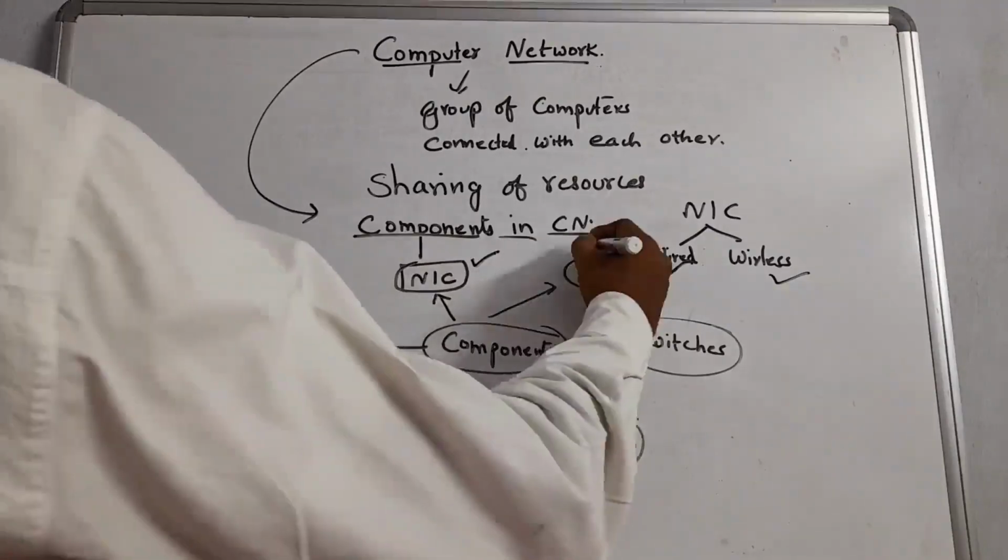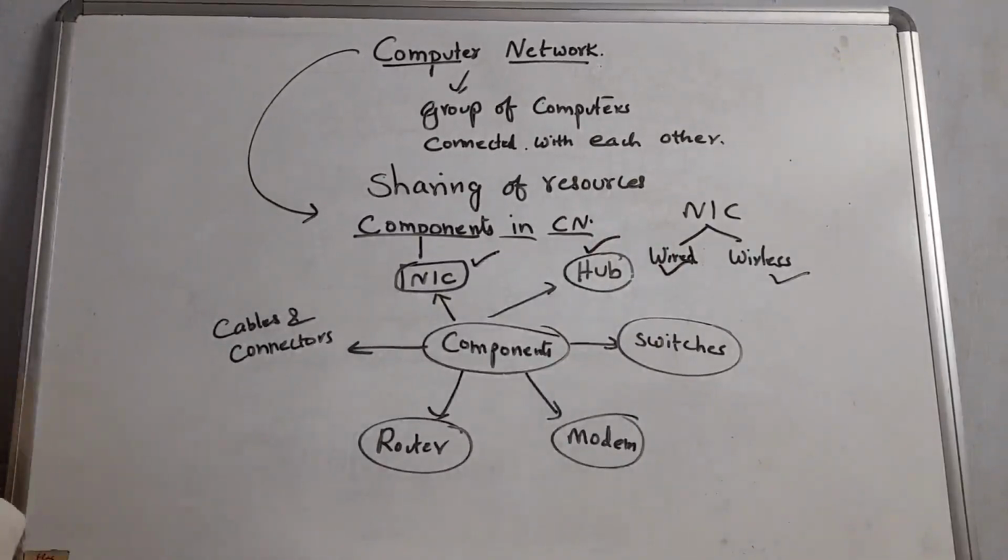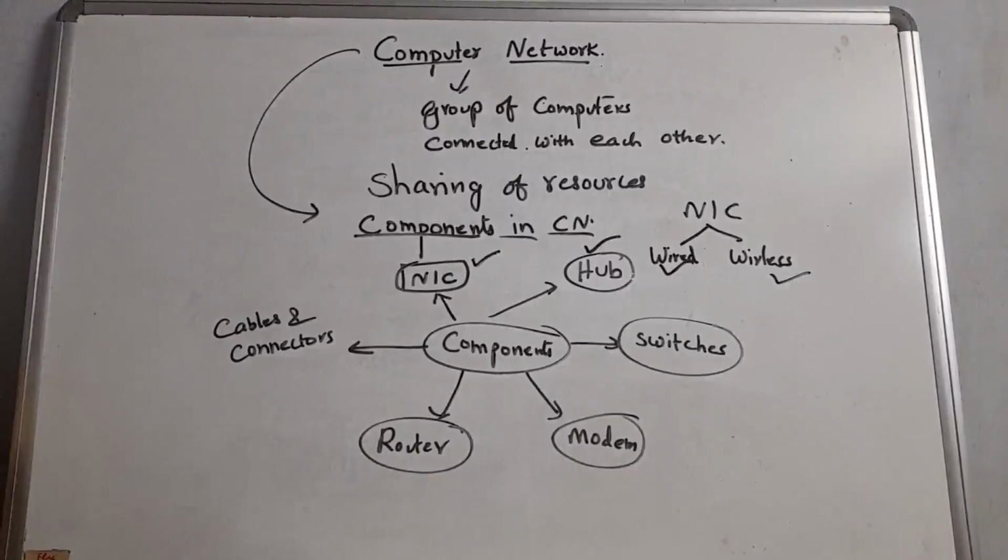The next component we have is a hub. What do you mean by a hub? A hub is a central device that splits the network connection into multiple devices.